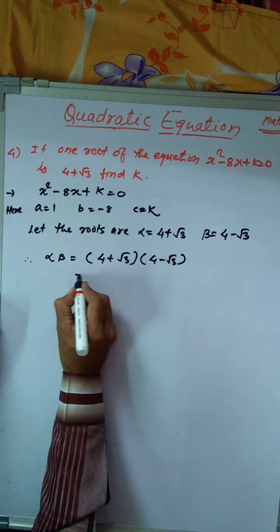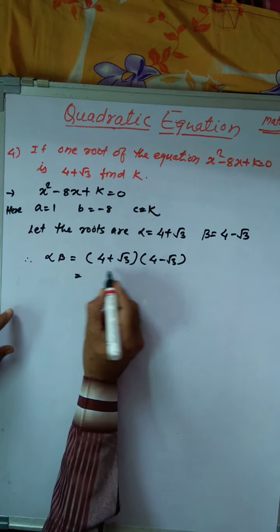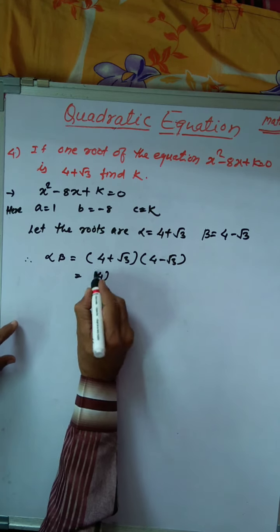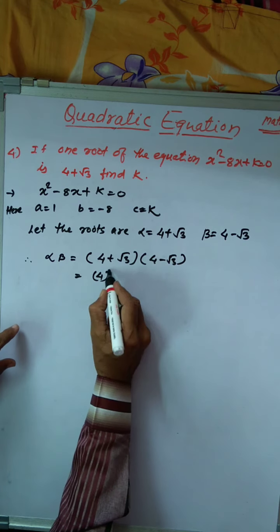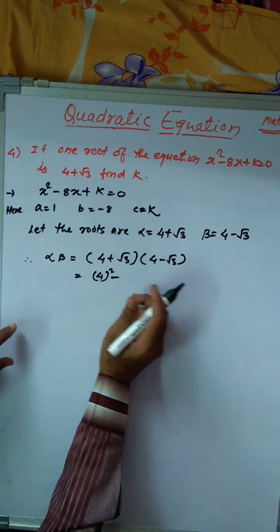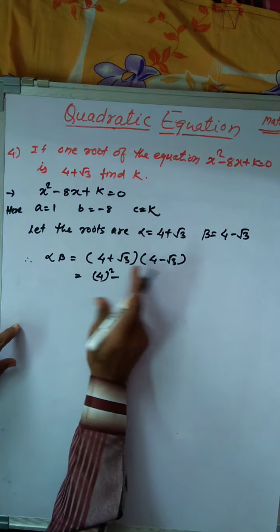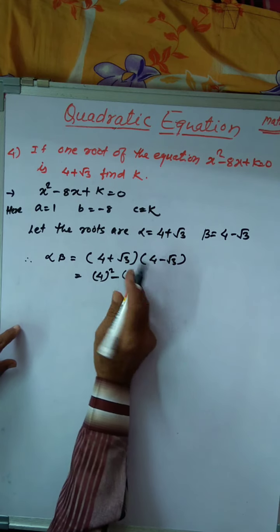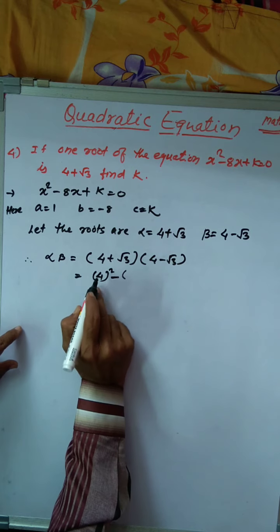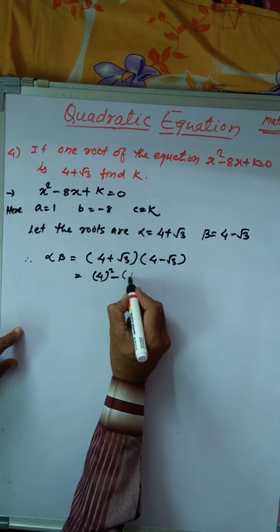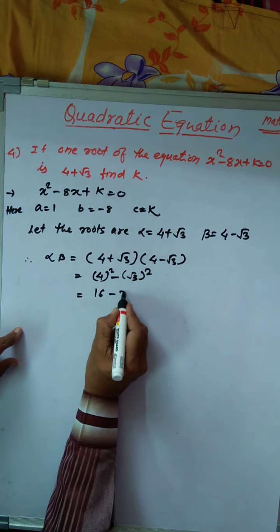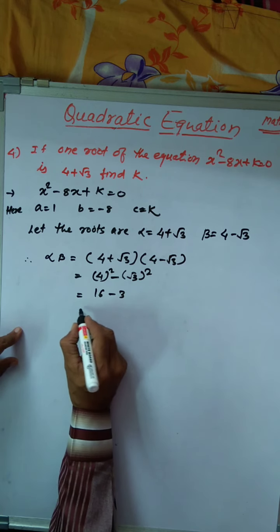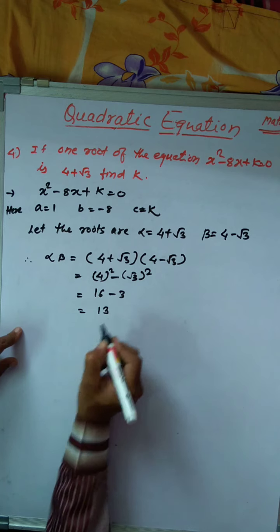The product of this is equal to the square of 4, because of (a plus b) and (a minus b), that means the difference of the squares of both terms. The square of 4 minus root 3 squared, which gives 16 minus 3, that means 13.